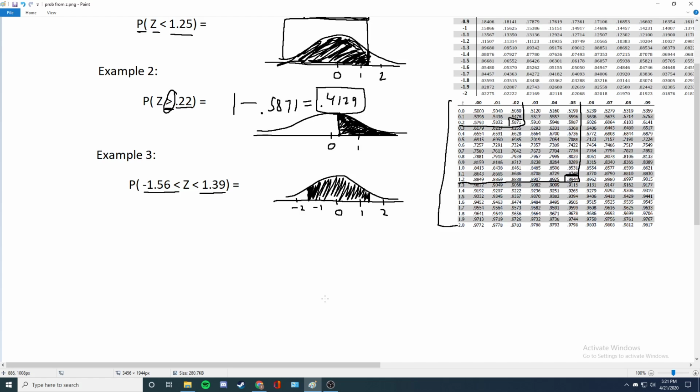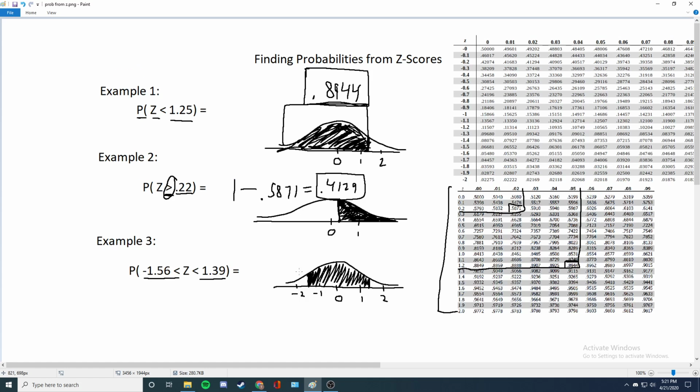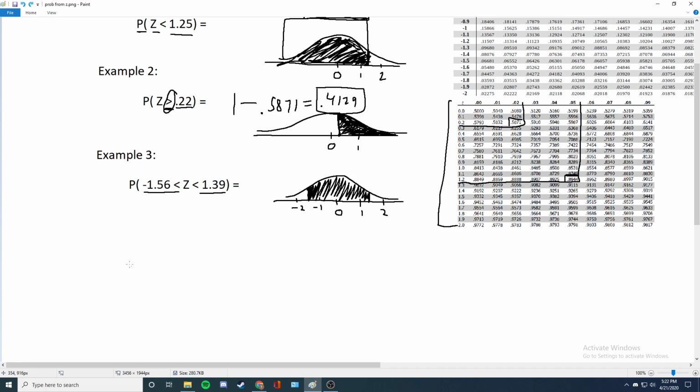In the last two examples, we haven't had an empty space on both sides of the shaded region. So this is where the tricky part comes in. Because the tables only tell us the area to the left, we're going to have to do some funky math to get in between them.